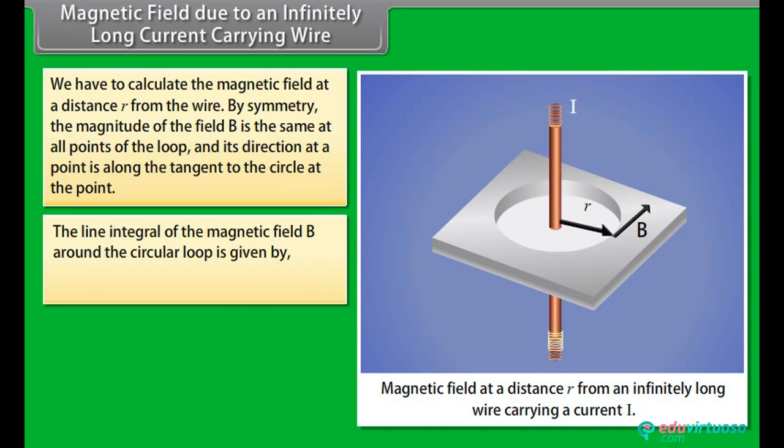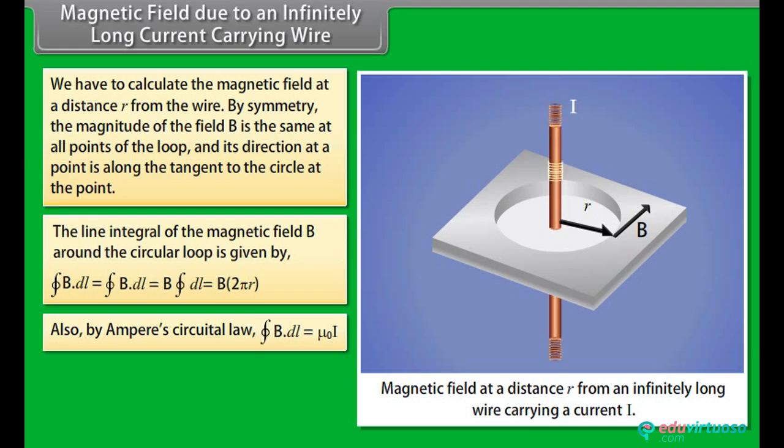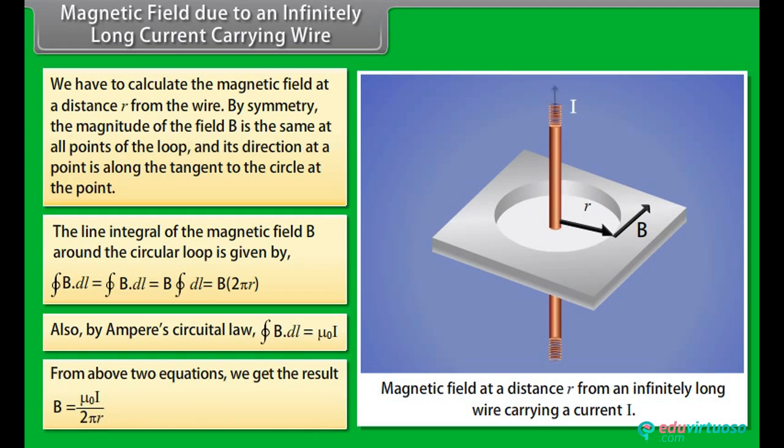The line integral of the magnetic field B around the circular loop is given by the product of B and 2 pi r. Also, by Ampere's Circuital Law, closed integral of B dot dl is equal to mu naught I. From the above two equations, we get the result B is equal to mu naught I divided by 2 pi r.